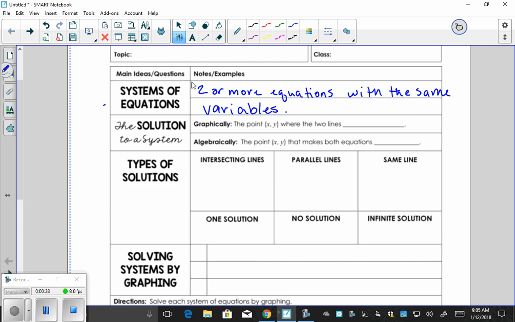Okay, so your equations have the same variables. So you can't have one equation have x, y, and another equation have a, b. Okay? They have to be the same.